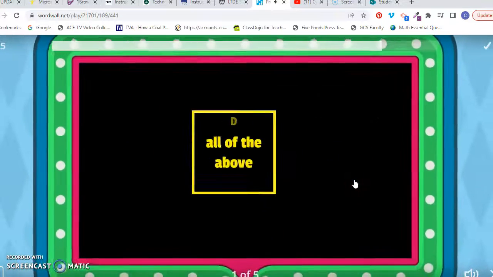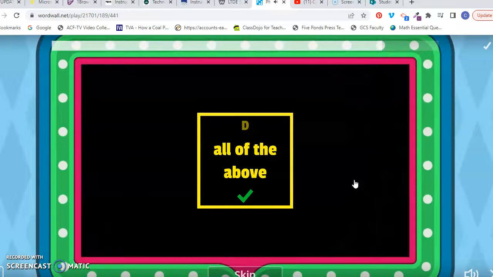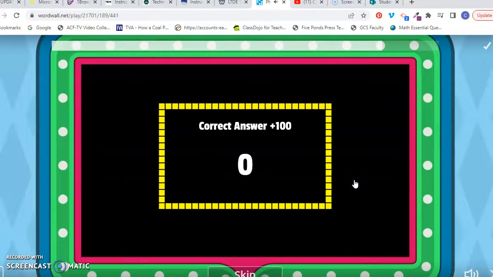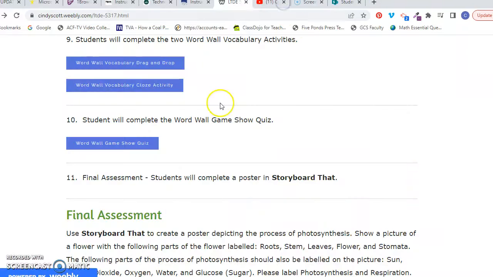And so once they answer the question, it'll tell them if they're correct and then give them bonus points based upon how much time they didn't use or how fast it was. Great game for them. All three of these WordWall activities will generate a report for the teacher, and the teacher can use them for formative assessments.